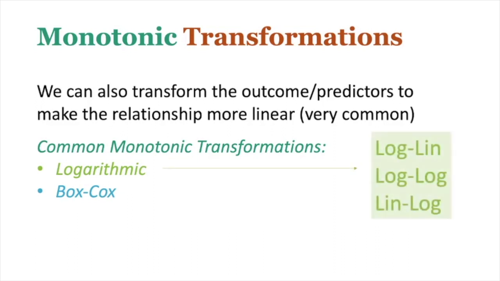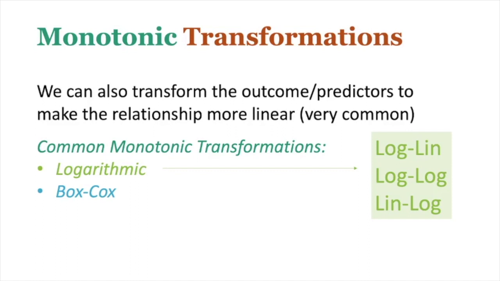When we talk about logarithmic, there's three basic forms of this. You have log-lin, log-log, and lin-log. Log-lin stands for we're transforming our outcome with a log transformation, but the predictors are still just linear.